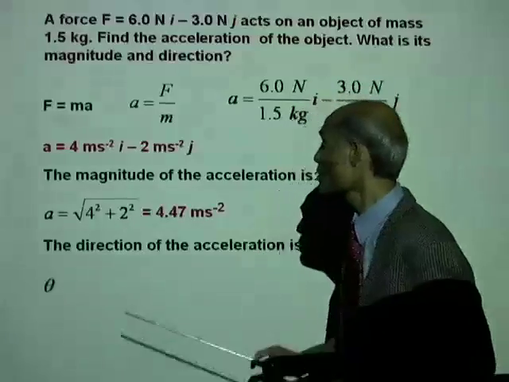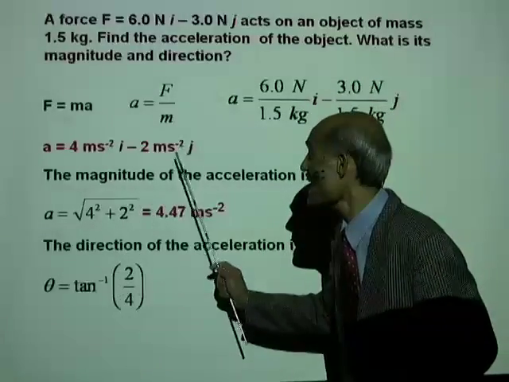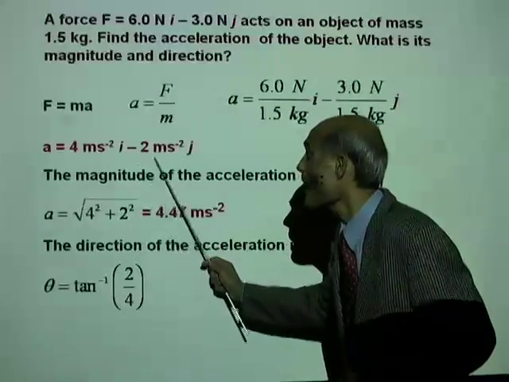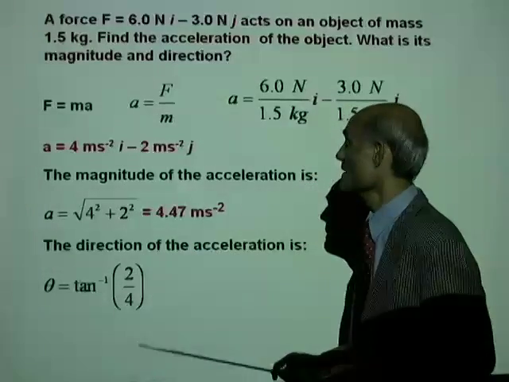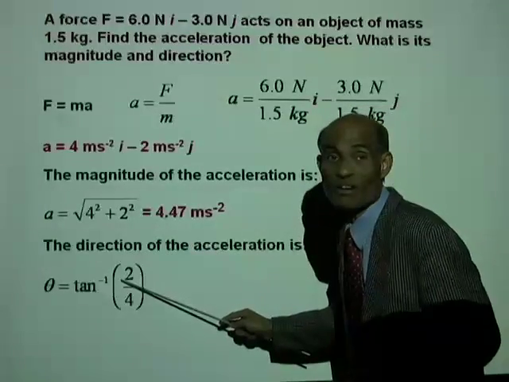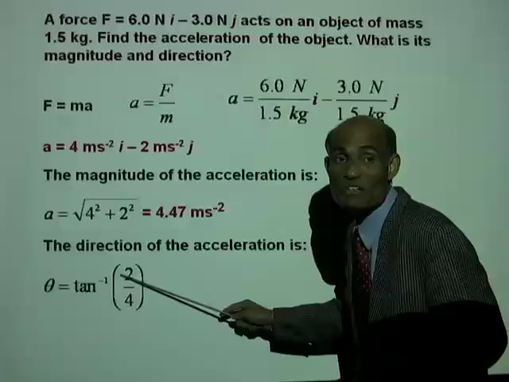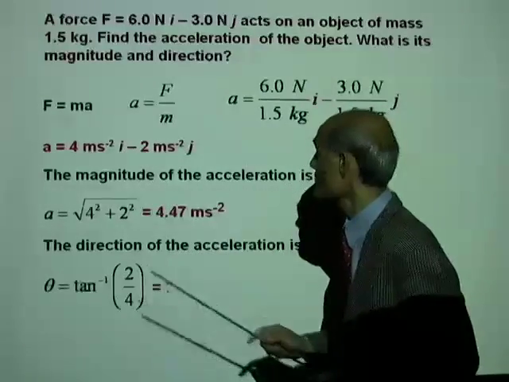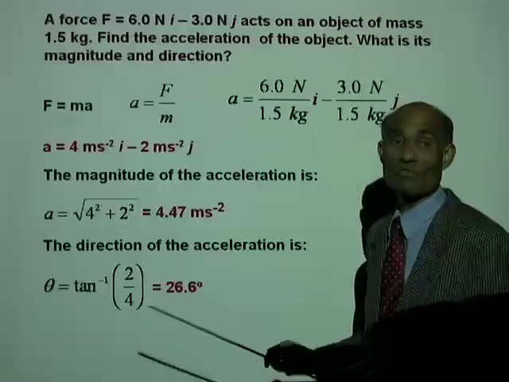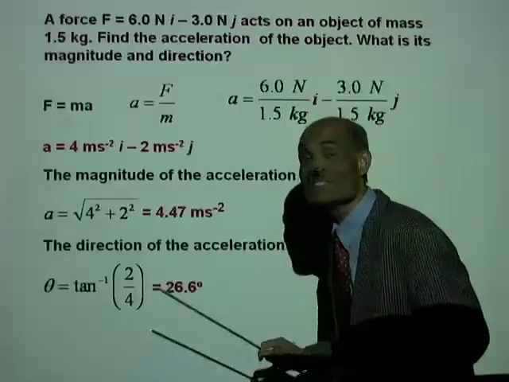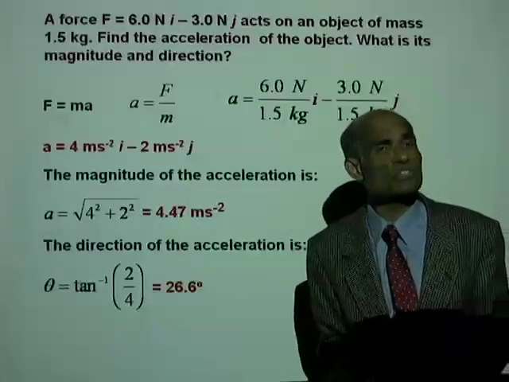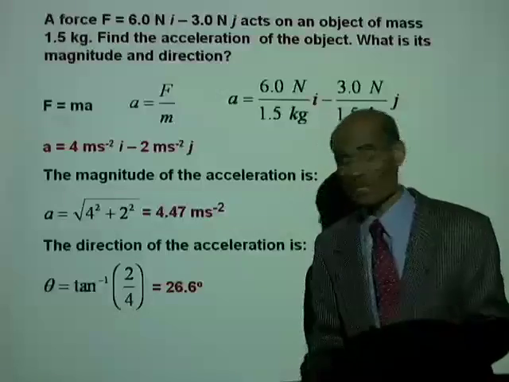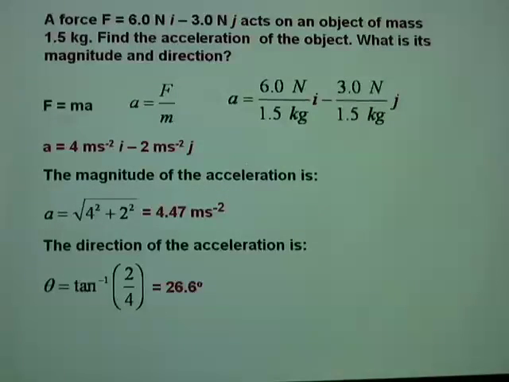So the direction is theta equals tan inverse of y over x. Tan inverse of, I'm missing something here, negative 2 divided by 4. Tan inverse of negative 2 divided by 4, and that must be negative 26 degrees. Alright, now correct those small mistakes there.